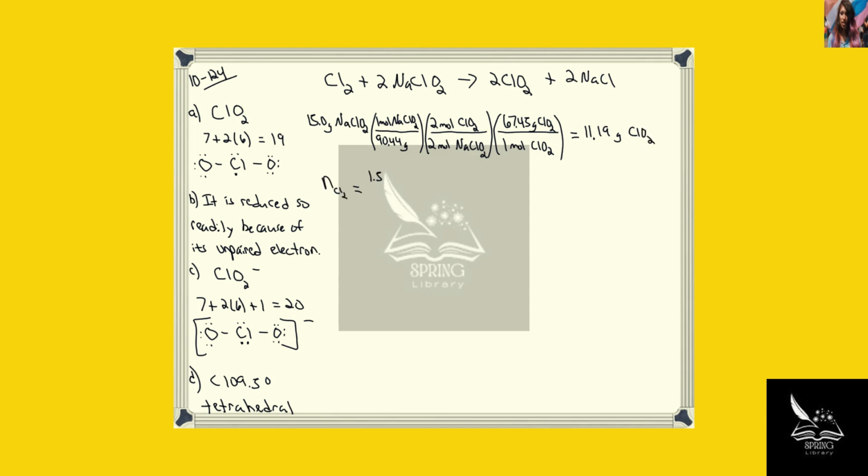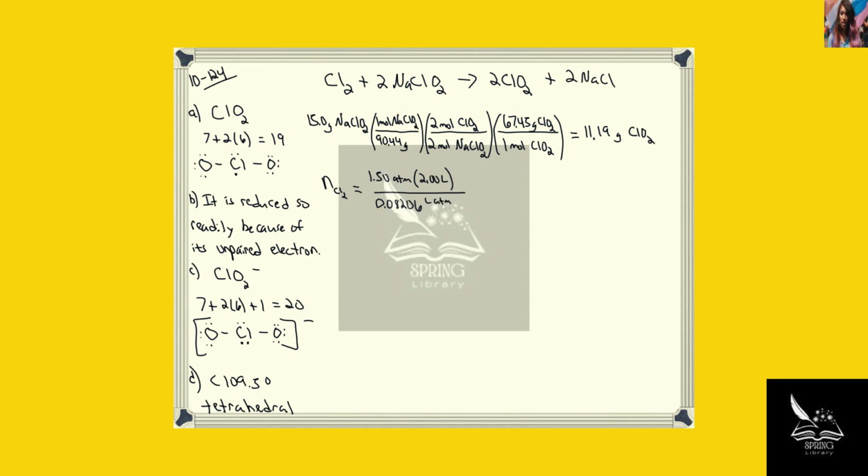But this isn't necessarily the answer, because we need to figure out how much we can make with the other reactant. The other reactant is chlorine gas. We have 2 liters of chlorine gas available at a pressure of 1.5 atmospheres and 21 degrees Celsius. So using the ideal gas law, we can calculate the moles of chlorine gas available to us.